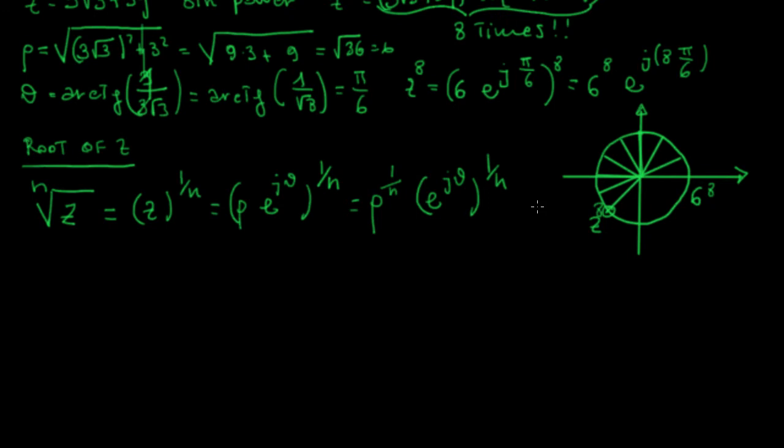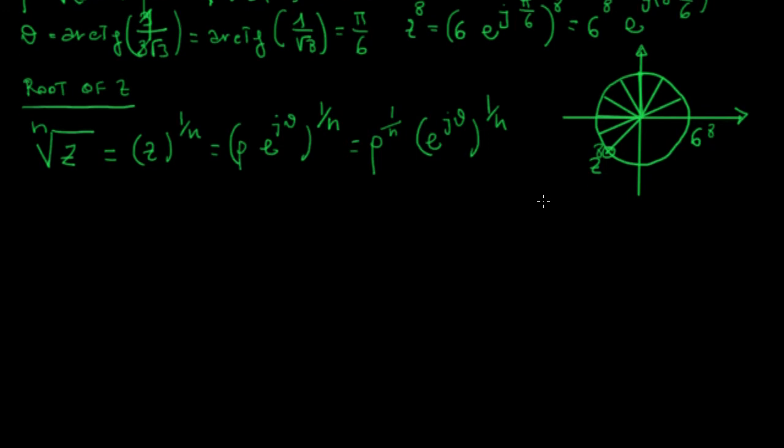Now we need to make a very simple consideration about the exponential form. If this is the vector that represents the number e to j theta, we know that this vector has a length of 1 and that the argument is simply theta.